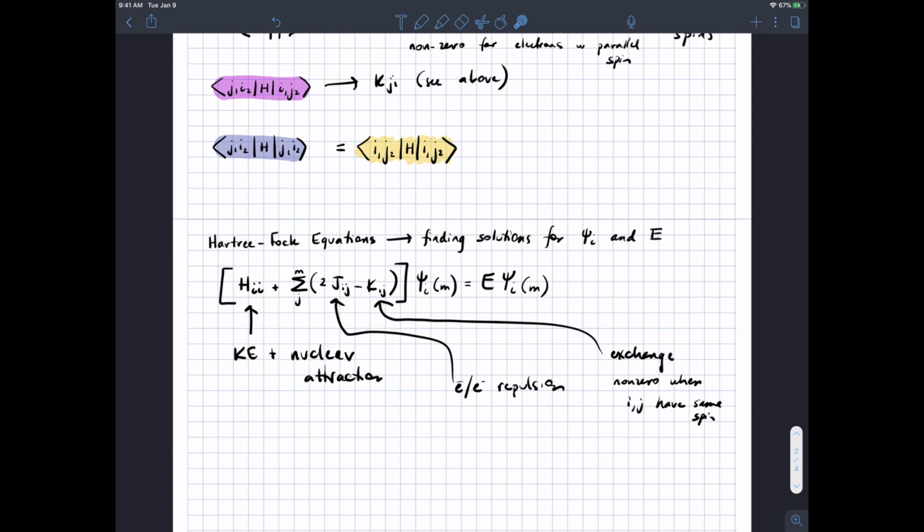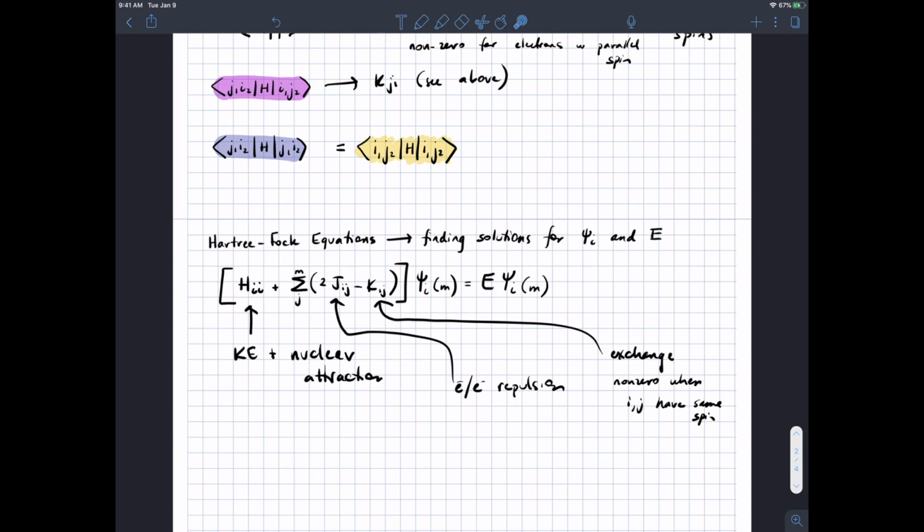And we're going to use something called the variational principle, whereby we're going to iteratively make changes to these wave functions and see that our energy gets lower and lower and lower. And when we converge to the lowest energy we can get, we will hopefully have something that represents something close to reality. Okay, go ahead.